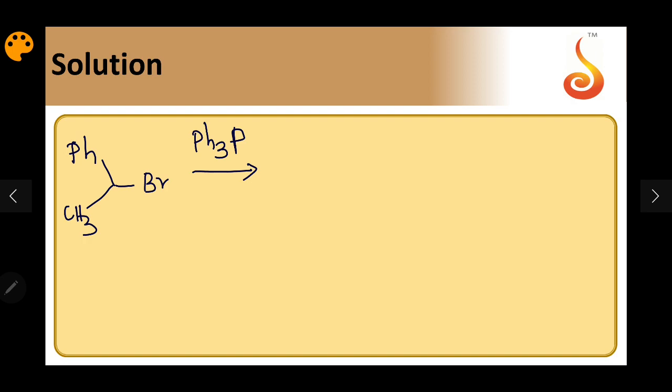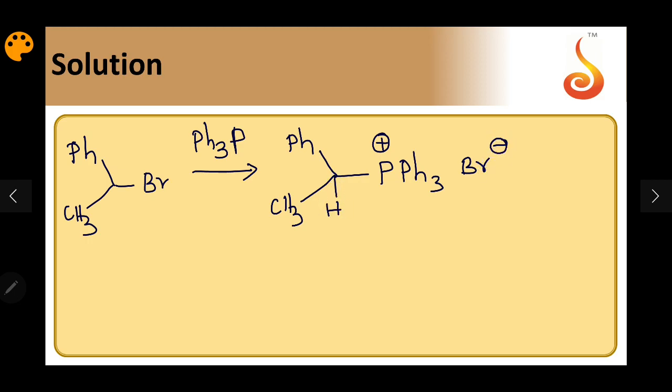So Ph, CH3 attached to this, Br will go, PPh3 plus and Br minus. So we have a hydrogen here.